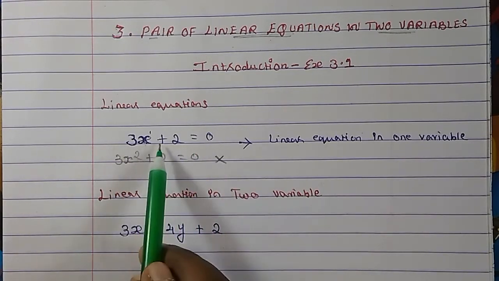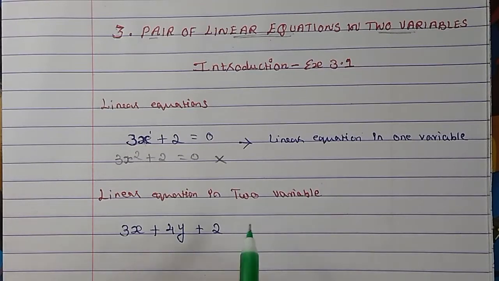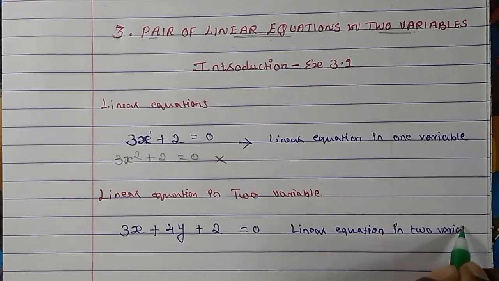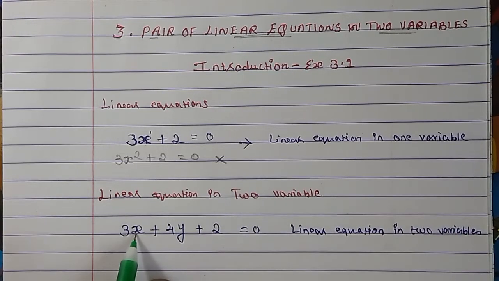Same equation, one more variable added. Why is it a linear equation? Because the power of the variable is 1, and the power of the variable here is also 1, but in two variables, because we have x and we have y.